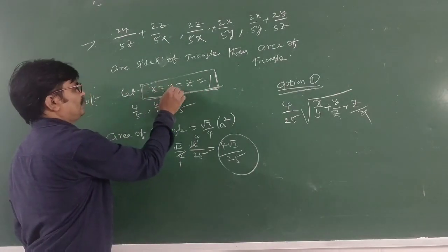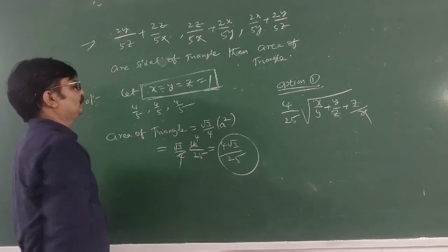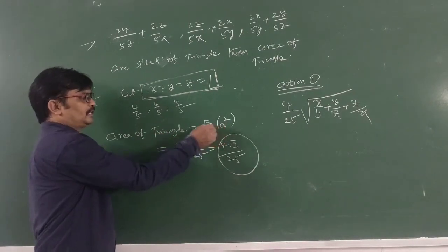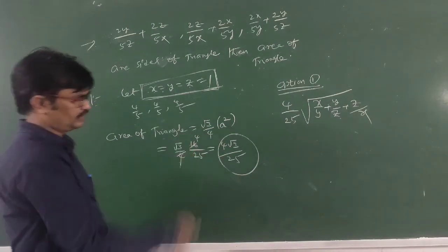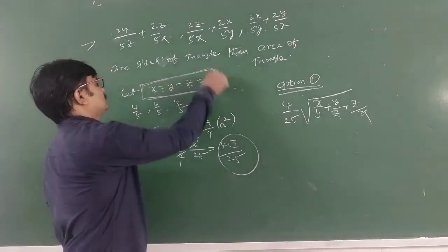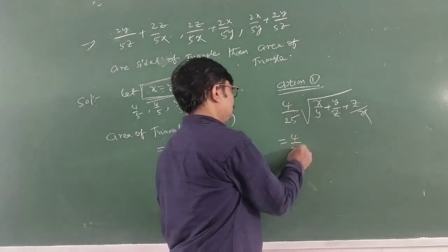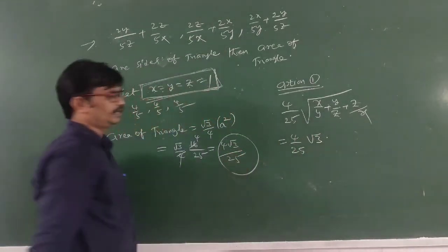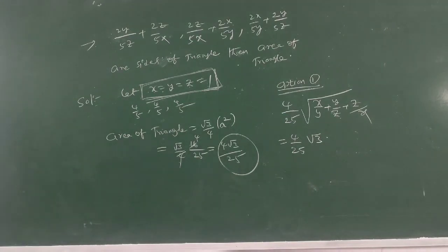That's why we are taking x, y and z as 1. That is 4 by 5, 4 by 5. Now we have to know that the area of the equilateral triangle having side a is root 3 by 4 a square, 16 by 25. Now students, again we are substituting x, y, z as 1. Undoubtedly students, this is also 4 root 3 by 25. So verify. Okay students, write down.